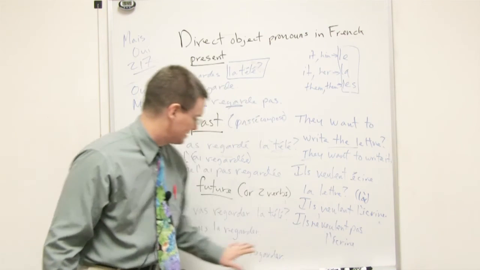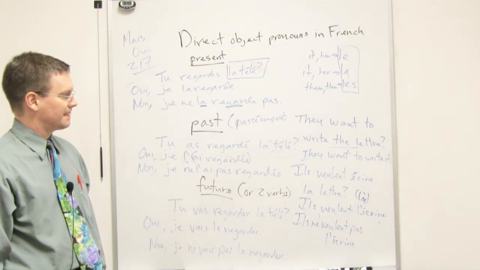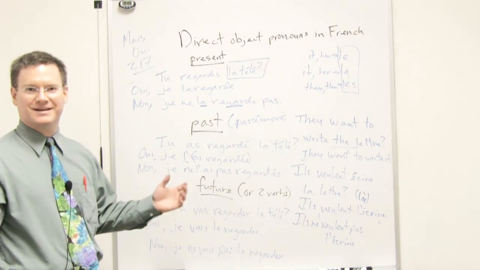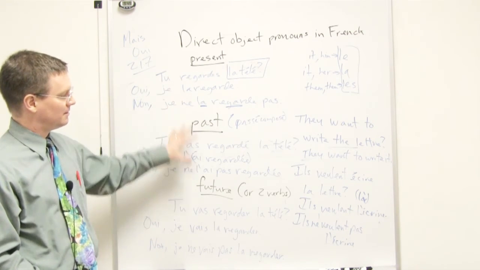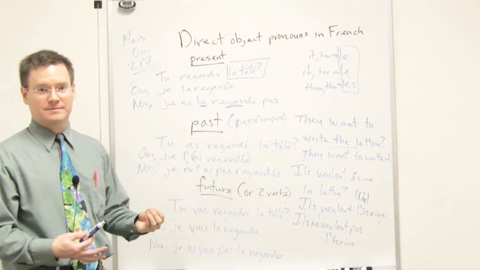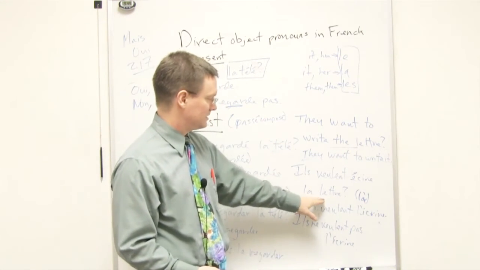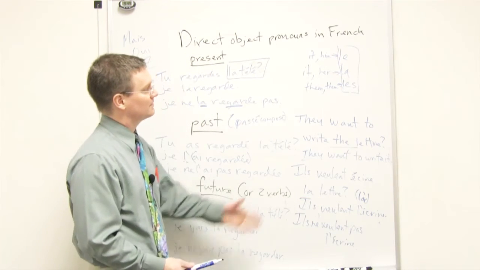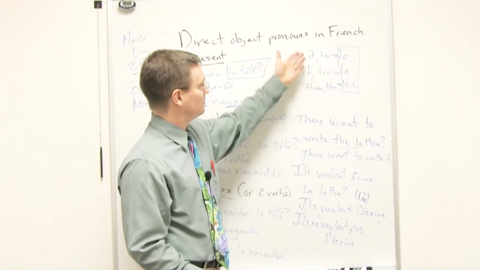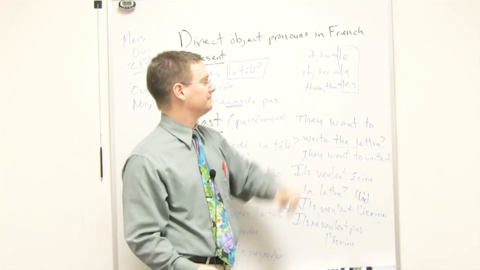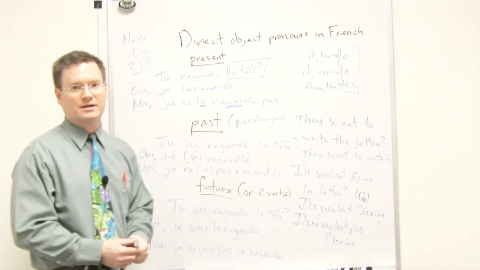Notice how similar that is to this model right here. If you know what your model is, it will always be right. So make sure you learn the models, practice conjugating your verbs, and how do you know if it's masculine or feminine? It just depends on what it's replacing. So for example, if it's a le journal, it'll be a le, or it'll be a la if it's like la télé or ma télé.